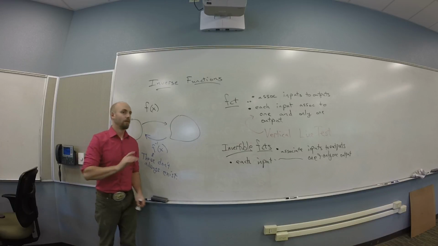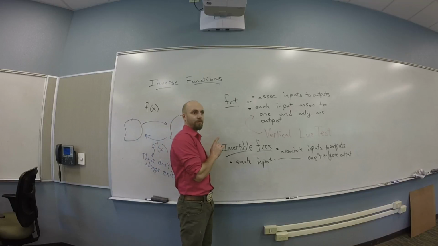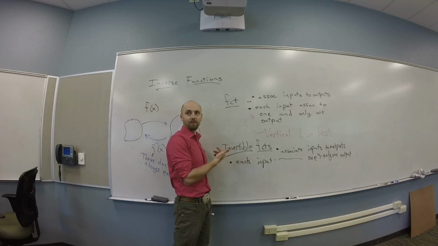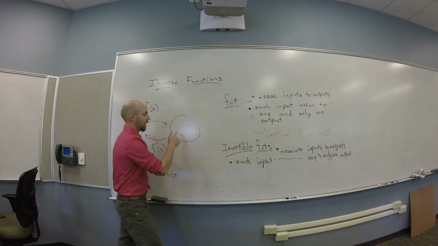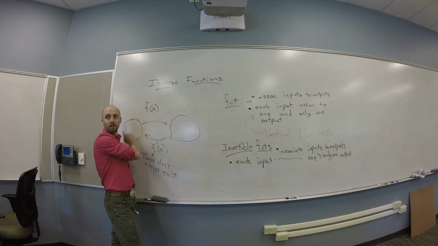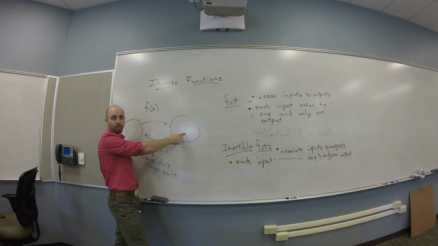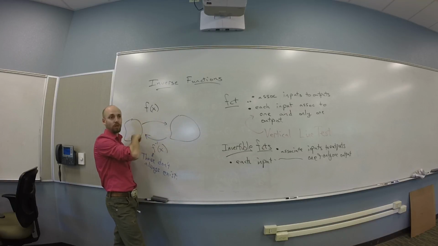So an invertible function is going to have an inverse that's also a function. That unrule needs to take outputs over here to inputs over there. That's going to happen when each output of your original function is associated to only one input.